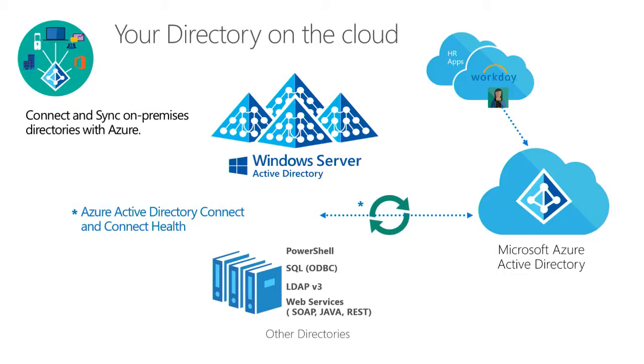As I say, that integration with third parties like Workday allows us to bring information into the directory from outside sources. So when somebody does join the company, we can set them up in Workday, assign all that HR stuff like payroll numbers, and then we can create an identity inside of Azure Active Directory and inside of the on-prem directory. We can move them into the right user groups.